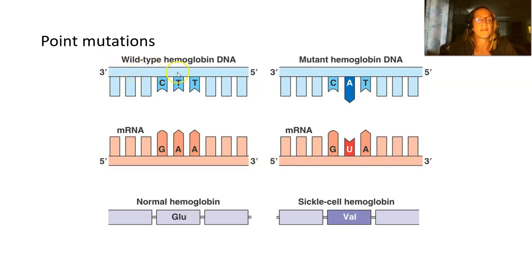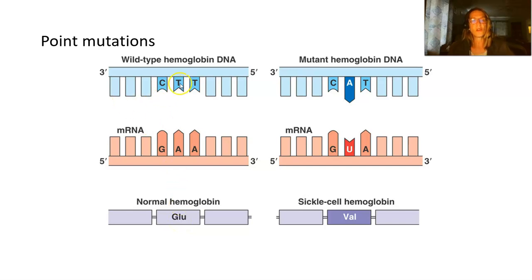But these could be different base pairs in DNA, and if you get just a mistake where this set of base pairs, CTT, gets changed because of a copying error to CAT, then what that means is the DNA is going to actually code for a totally different amino acid, which is part of a protein.